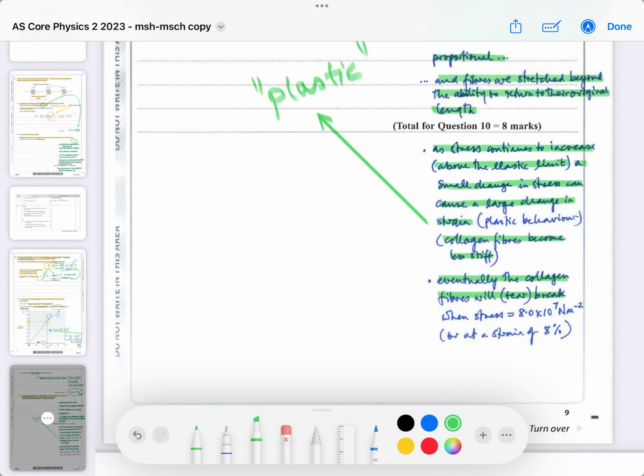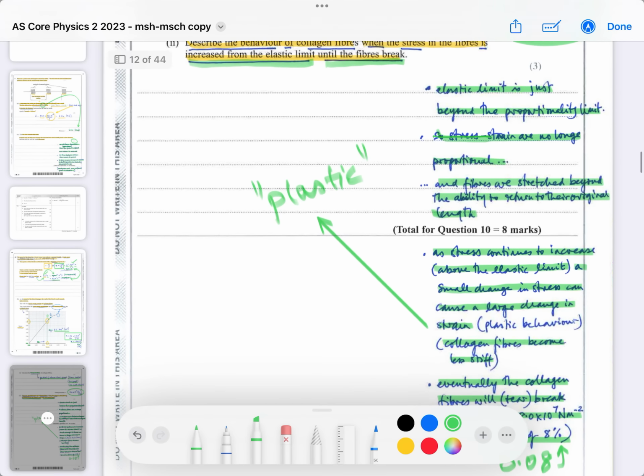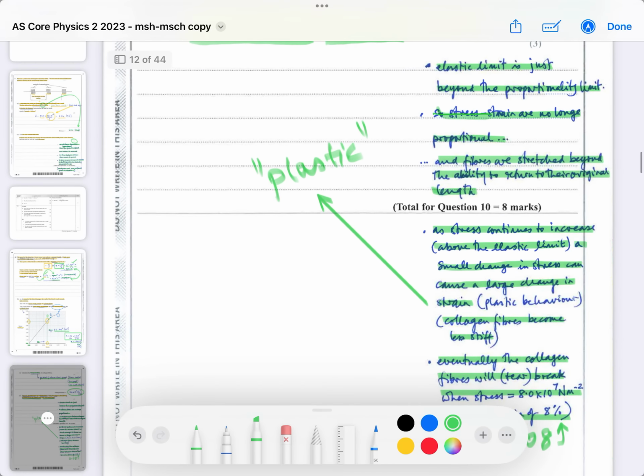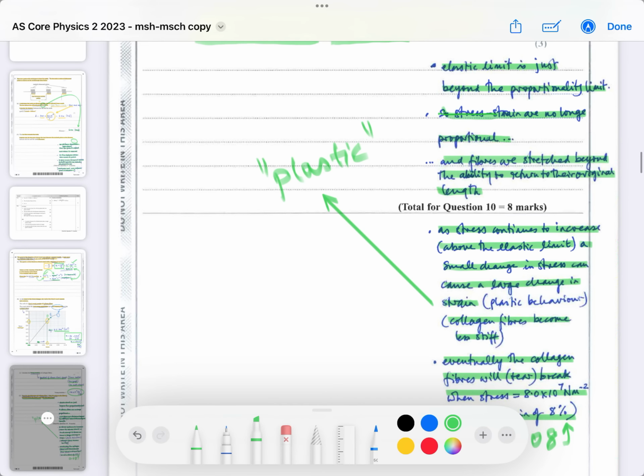And this happens at the stress value given on the graph of 8.0 times 10 to the 7 newtons per square meter, or a strain of around 8%. 0.08 was what it shows in the graph, which means 8%. So you see, there's at least 4 points that you can easily score from this way of explaining it.